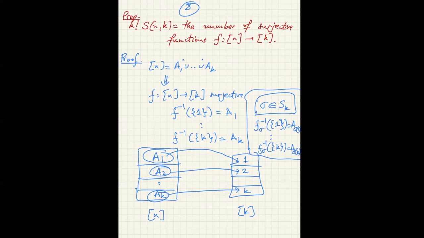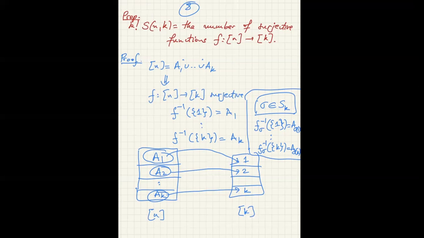And that corresponds to shuffling this: instead of sending A1 to 1 and so on, you can decide to send A1 to something else, A2 to 1, and so on. So you can shuffle this correspondence between A1, A2, AK, and 1 to K in K factorial ways. So backwards, any surjective function will arise this way.